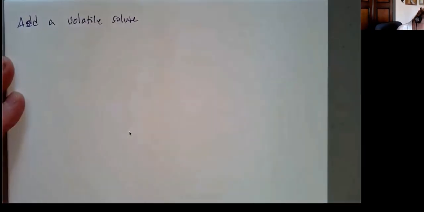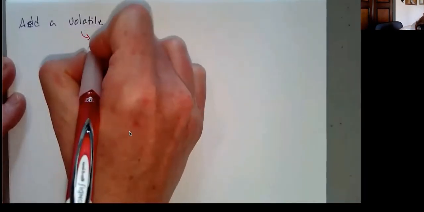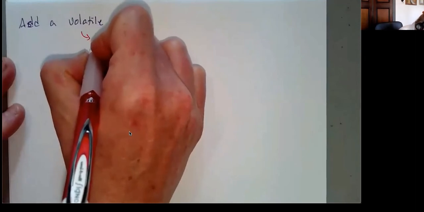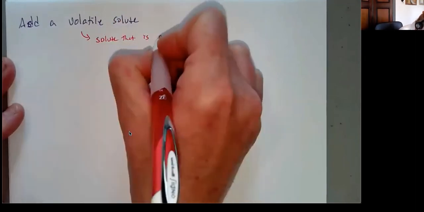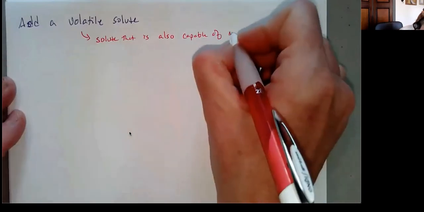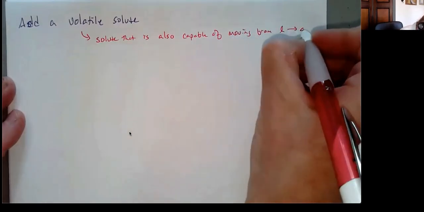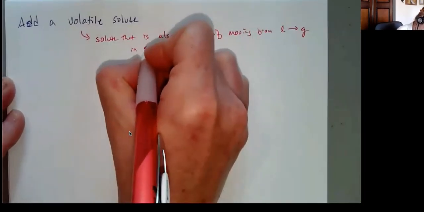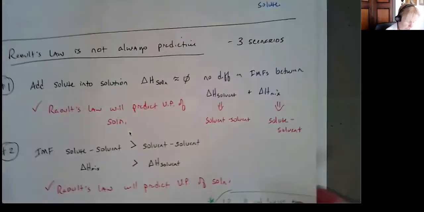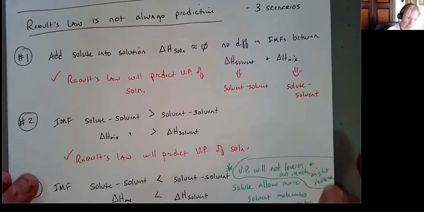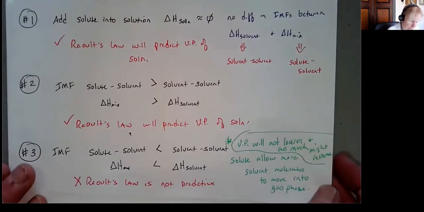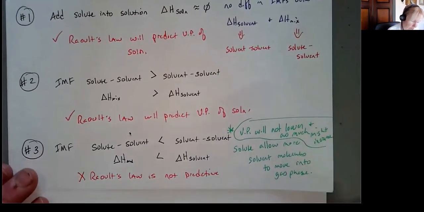And remember, volatile means that this is a solute that is also capable of moving from liquid to gas in that solution. Because our assumption with these three is that my solute is non-volatile, because it's not going to move into the gas phase.